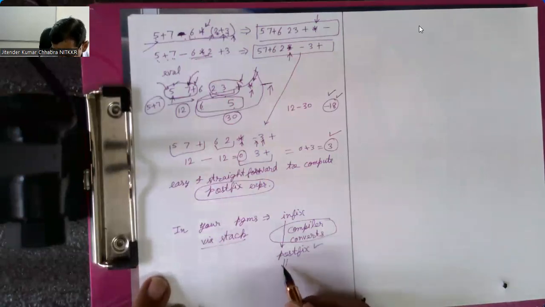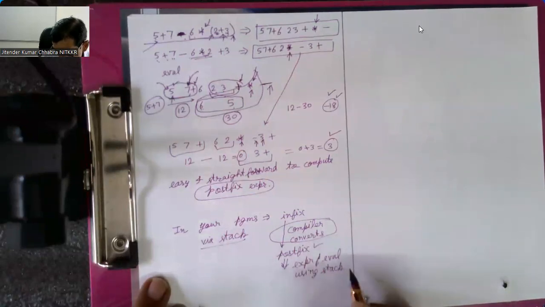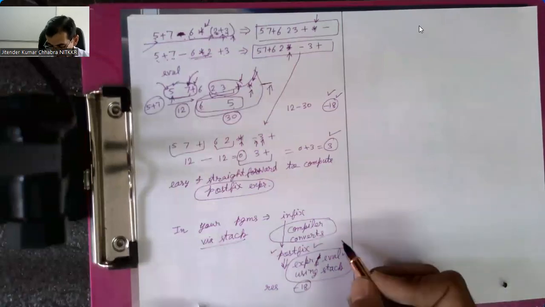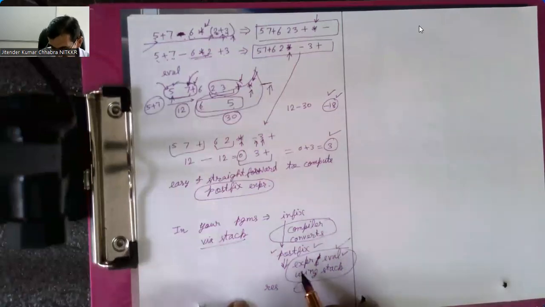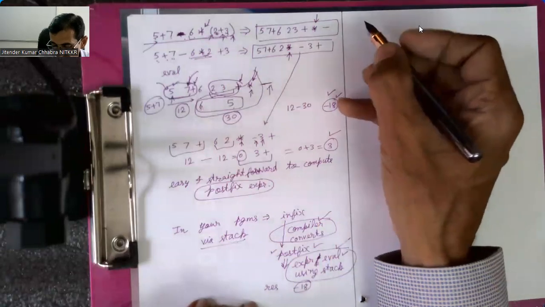Then expression evaluation or value computation is also done using stack, and your compiler or operating system will be able to do this evaluation over a postfix expression and give you a result like minus 18, etc. So stack has both applications, the evaluation of postfix expression as well as conversion of infix to postfix. So let's go one by one now.